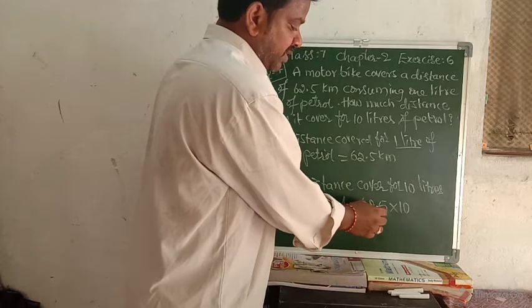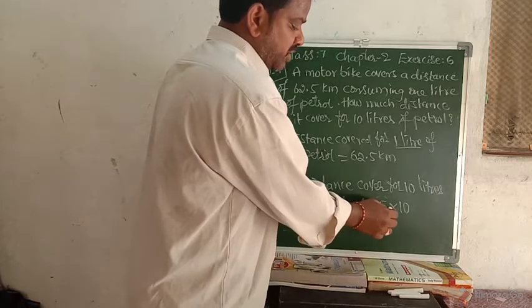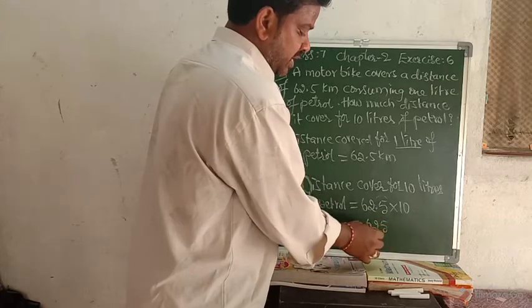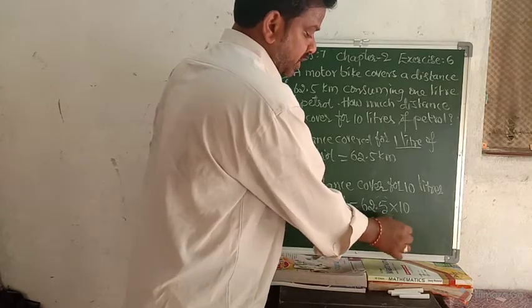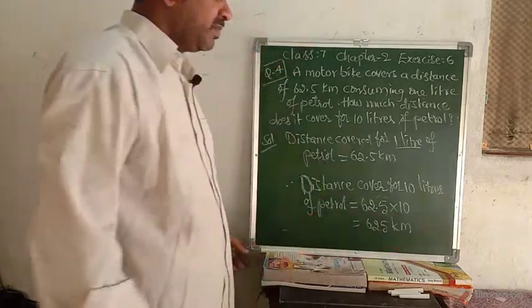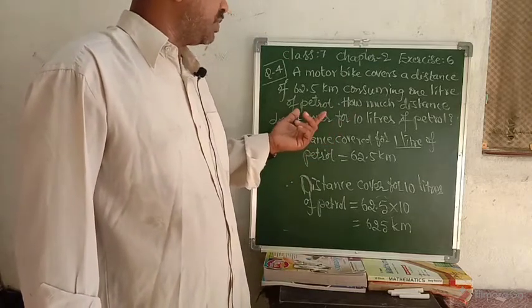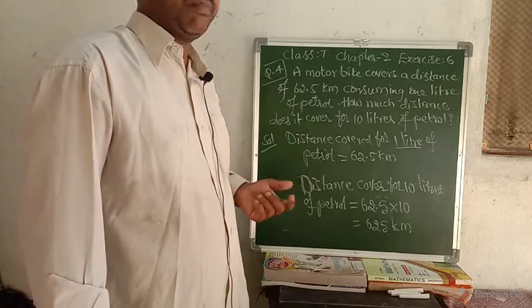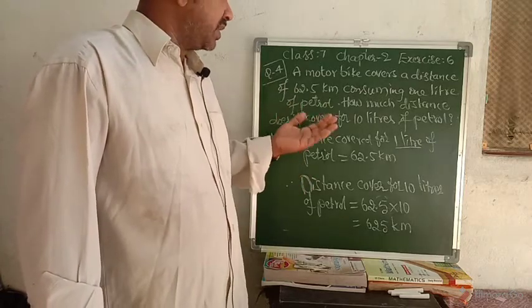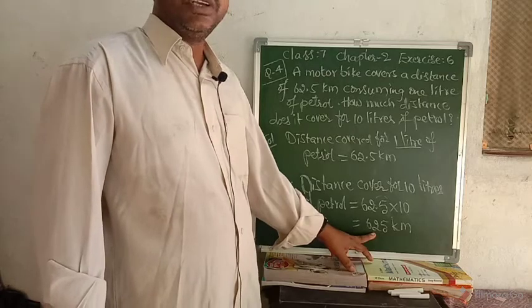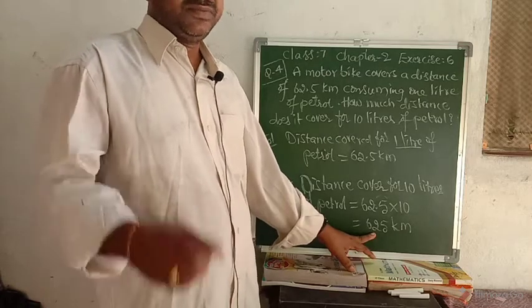Now it is 10, so the decimal point moves one digit to the right. That gives 625 kilometers. So if the motorbike covers 62.5 kilometers by consuming 1 liter of petrol, for 10 liters it will cover 625 kilometers.